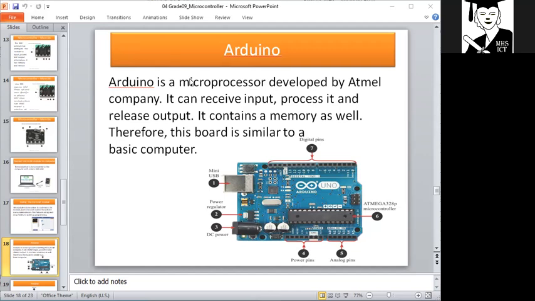A lot of students used the Arduino board to develop equipment like remote control cars, right? They also made automatic security systems using the Arduino board. So there are many things we can do with it.